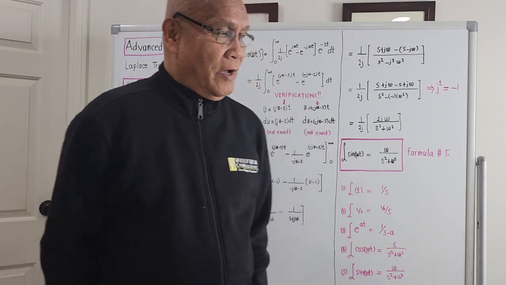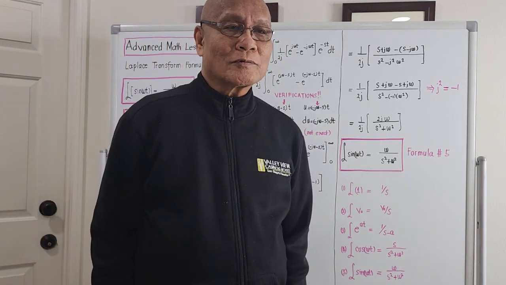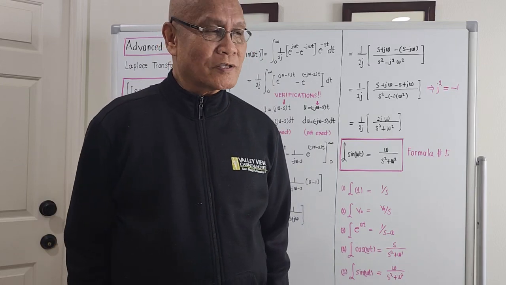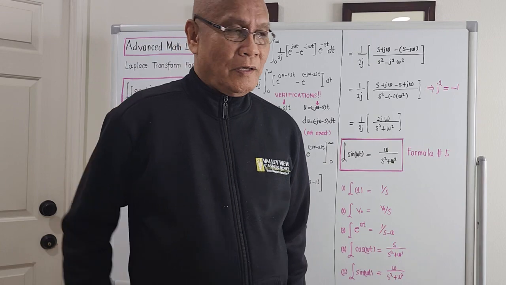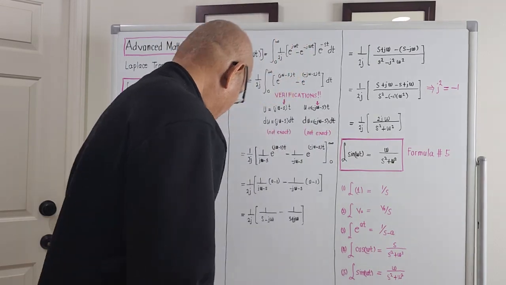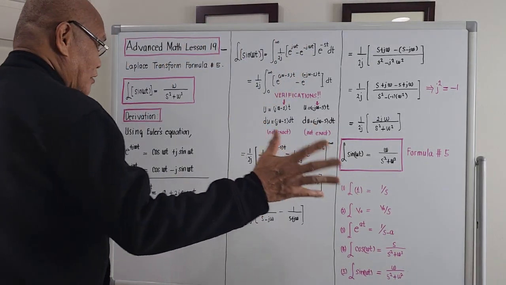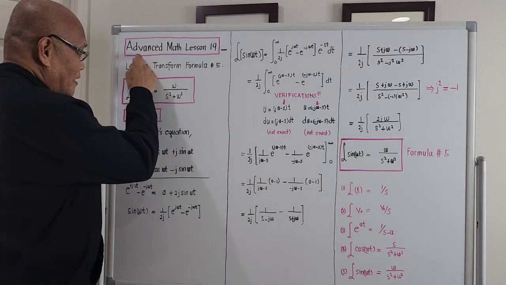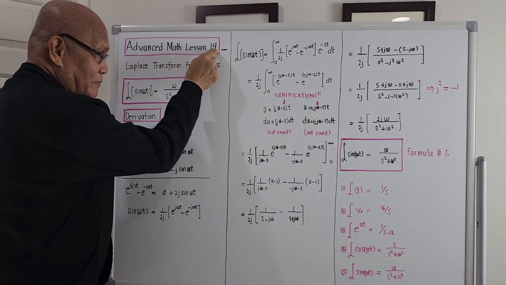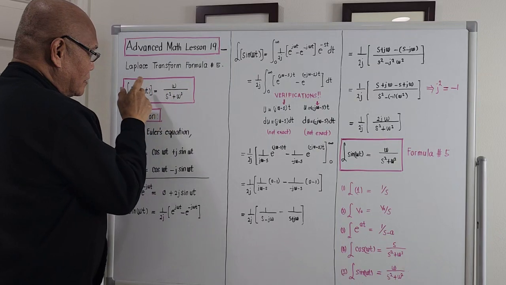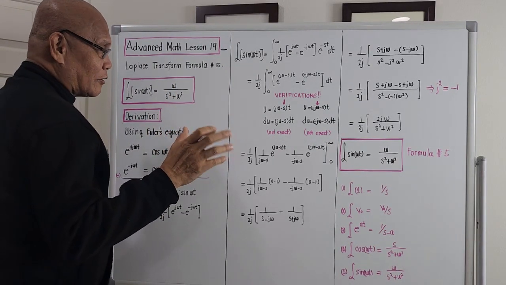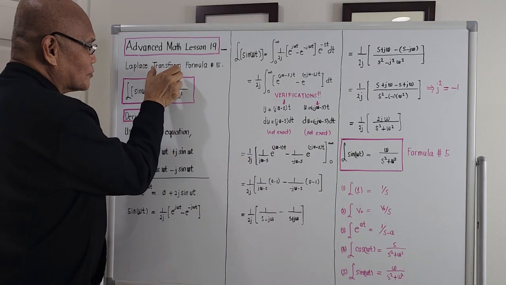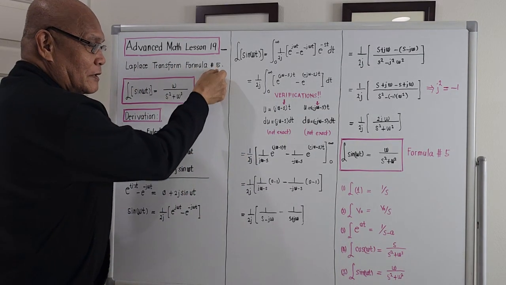Okay, I got a new topic for tonight on my advanced mathematics long form video. We are still on advanced mathematics lesson number 19, and the contents of the topic will be Laplace transform formula number 5.